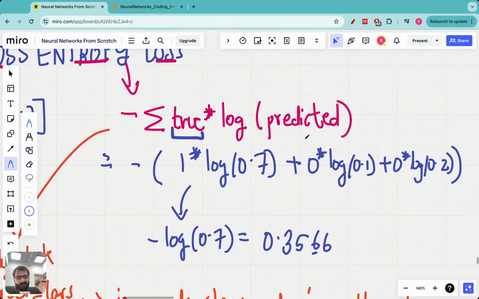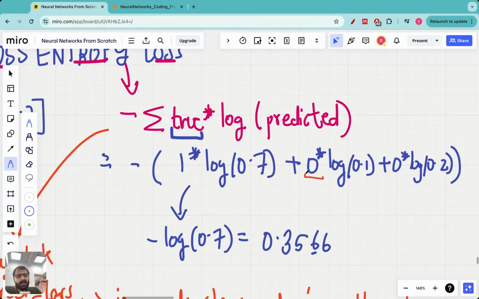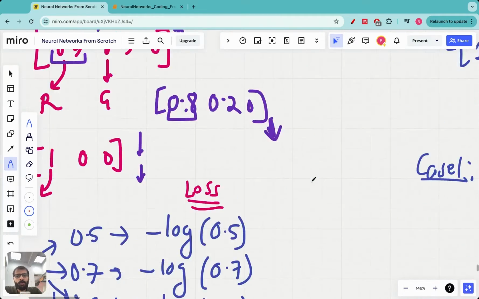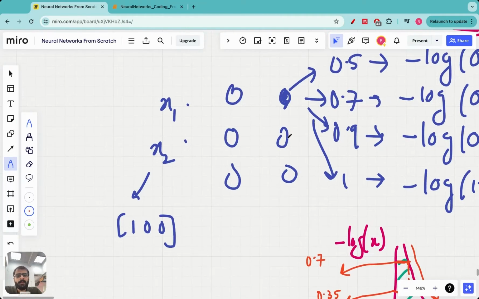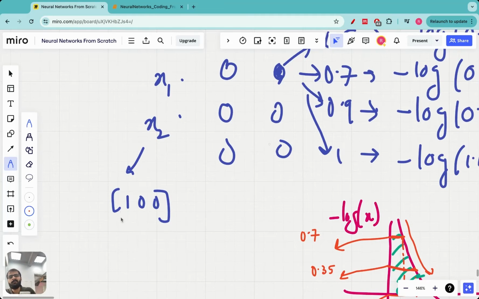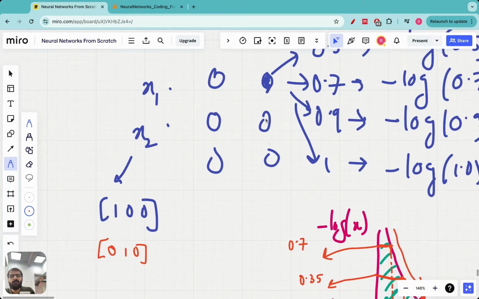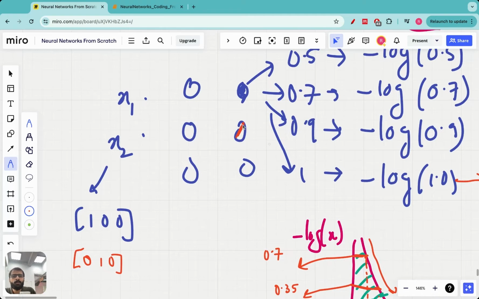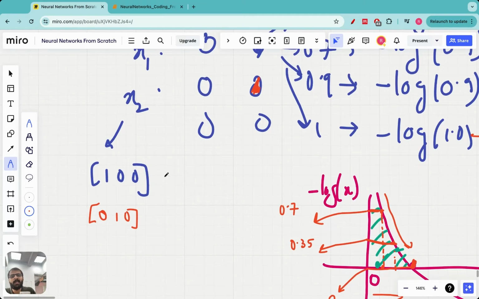Formally, it's defined as this summation, but for incorrect classes, the coefficients are anyway 0. So all we need to do is, let's say this is my network and the input is 0 1 0, then we only need to look at the output of the second neuron and take the negative log of that.